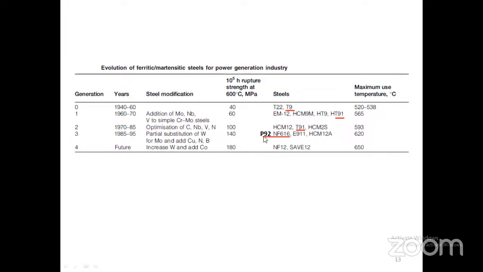This is called grade 92 steel, which gives about 15% higher high temperature strength than the 91 steel, and the operating temperature can be increased to around 615 degrees centigrade for a given period of time. For 1 lakh hours, this temperature is as mentioned for a given period of time, for the constant stress it can withstand at this temperature. Further advanced materials have also been enhanced for 650 degrees centigrade. We will discuss that later.